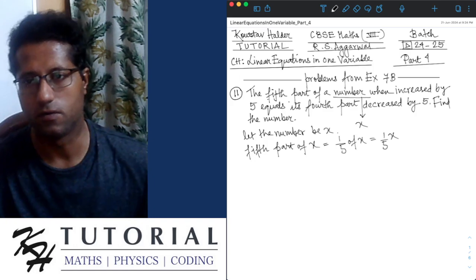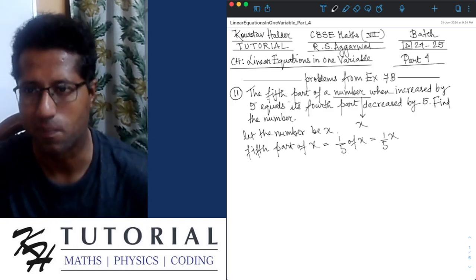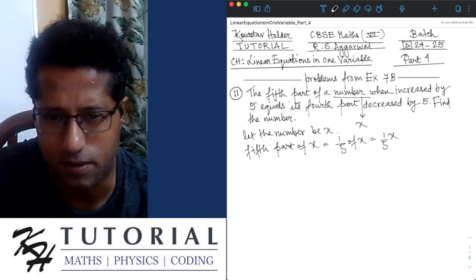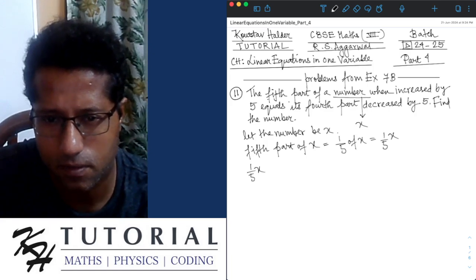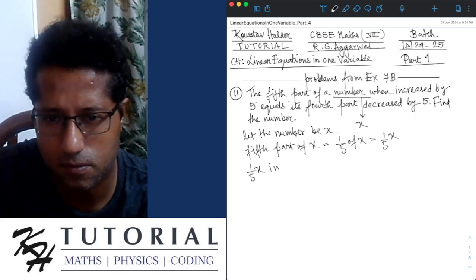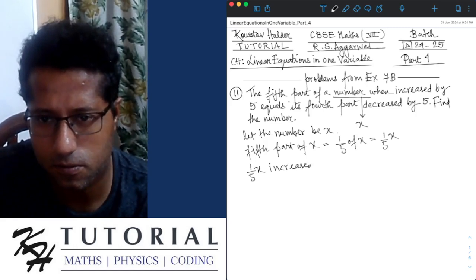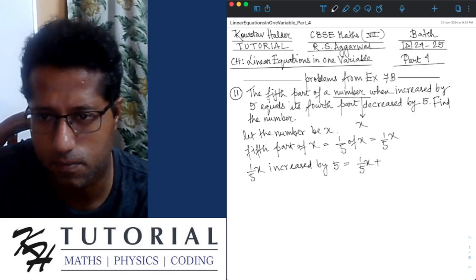Now the fifth part of a number when increased by 5, so now I can say that 1 by 5 x increased by 5 equals 1 by 5 x plus 5.